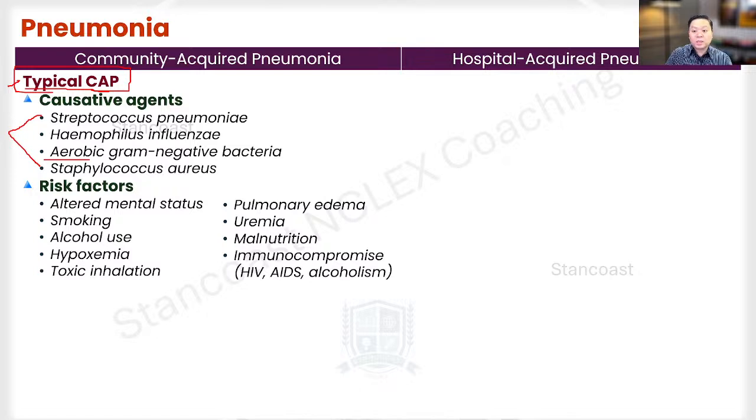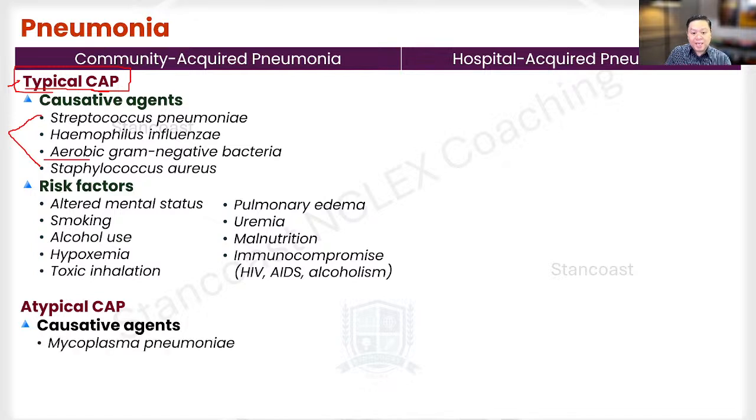And then we are going to talk now about the atypical pneumonia. So what is this atypical community-acquired pneumonia? Well, the causative microorganism that has been identified mostly is Mycoplasma pneumoniae. This is the most common for the atypical type.